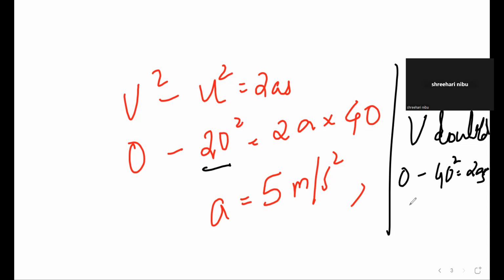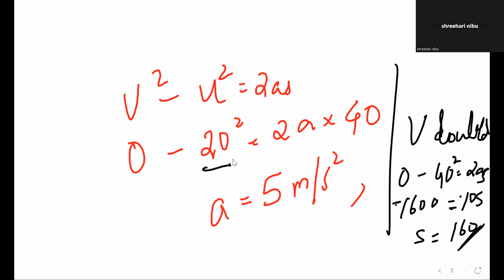So 1600 is equal to 2AS, 2 into 5, 10. So S will be 1600 by 10, so 160. Distance cannot be negative, so I can just take the positive of that. Same method, right? You're done? Yes, sir.